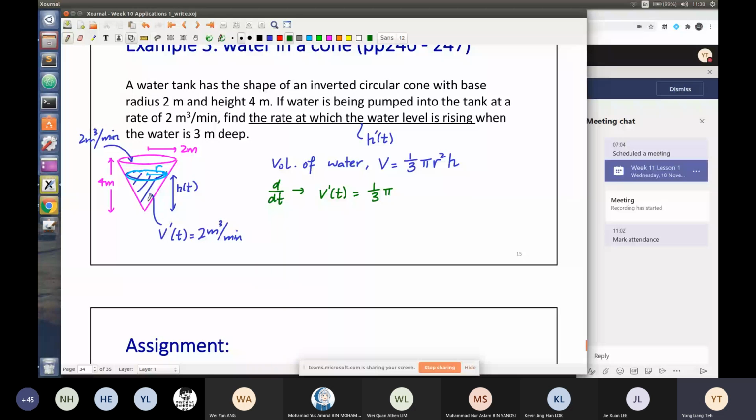So if you have the side view, let me try to draw it here. If you look at this from the side view, you're going to see a triangle that looks like that. Let me use the same color.